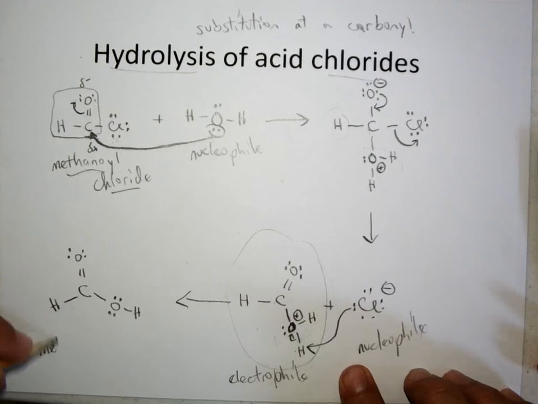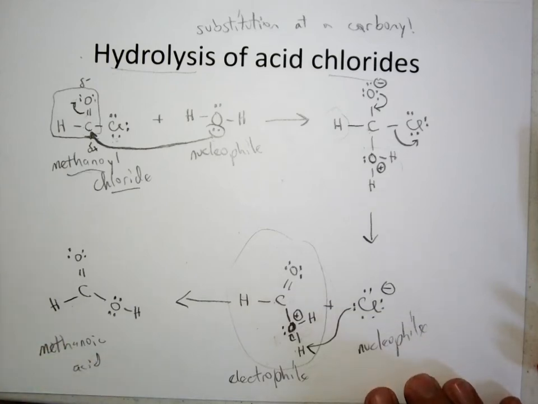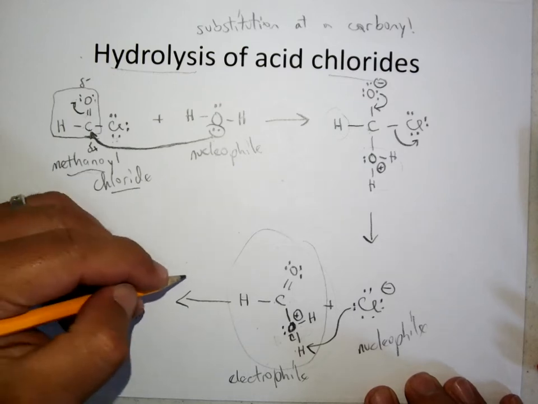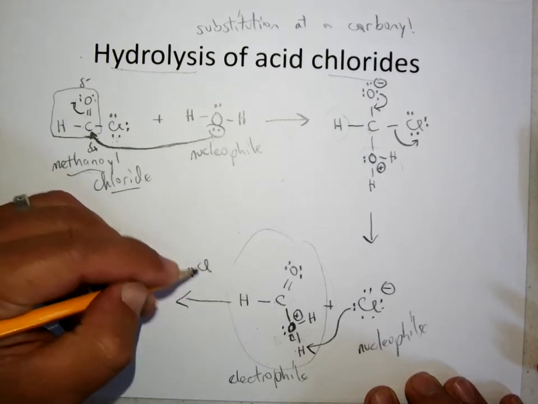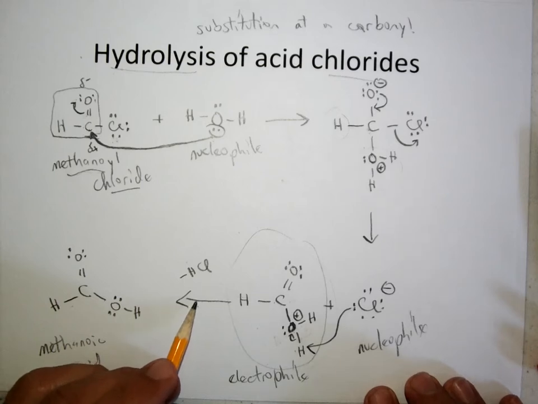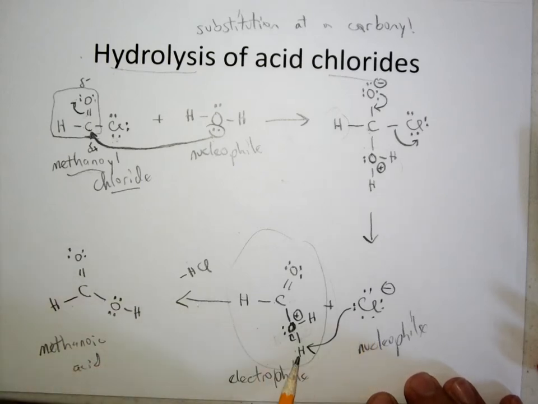So we form methanoic acid, and the byproduct then is going to be HCl. Oftentimes they'll just put a minus HCl over the final arrow to say that the HCl is eliminated in the reaction, and then after we deprotonate the protonated acid, we just get the acid.